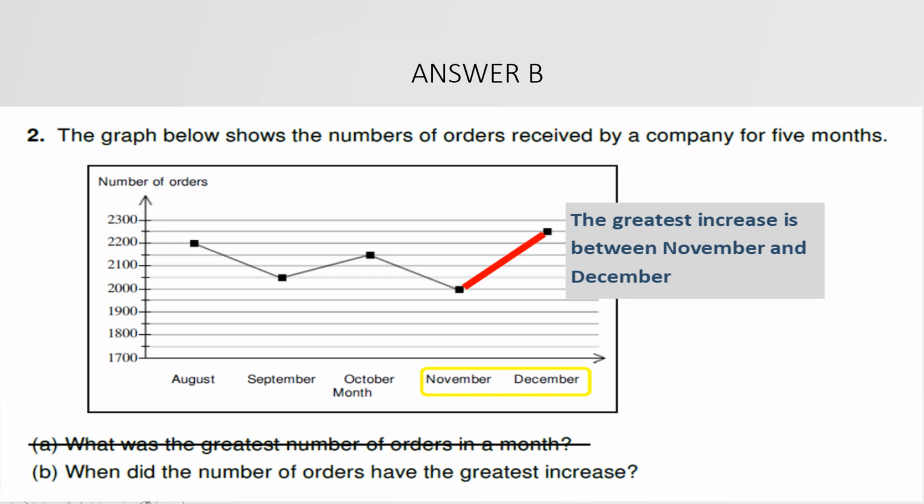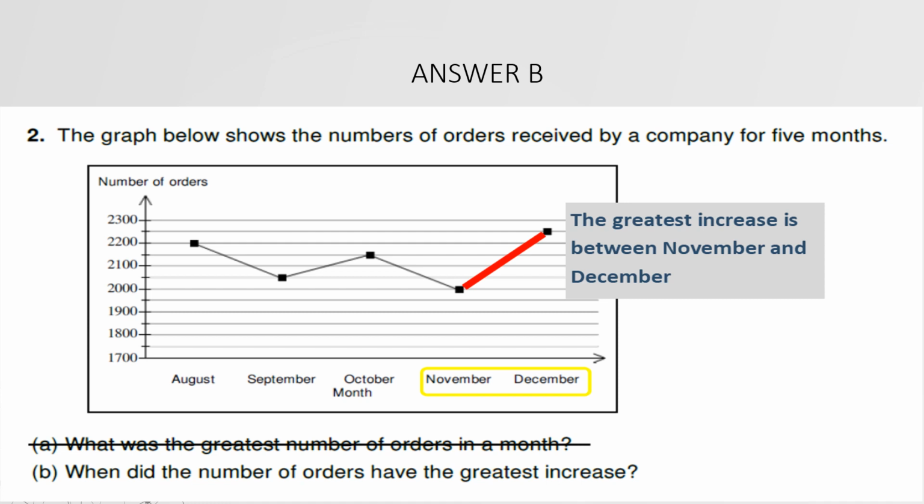We can subtract 2,150 minus 2,050. And the amount of increase from September to October is actually 100. But let's analyze the other options. From October to November, it decreased. It doesn't work for us.